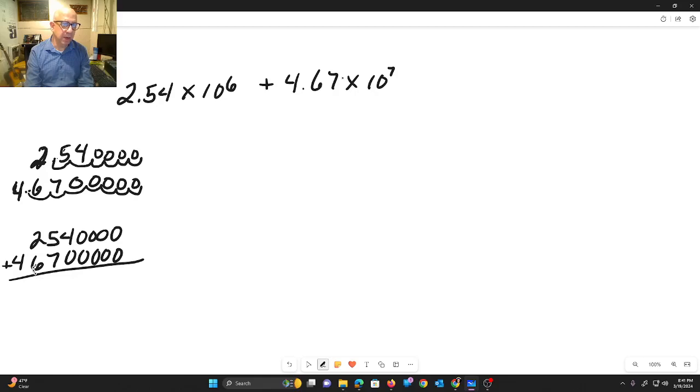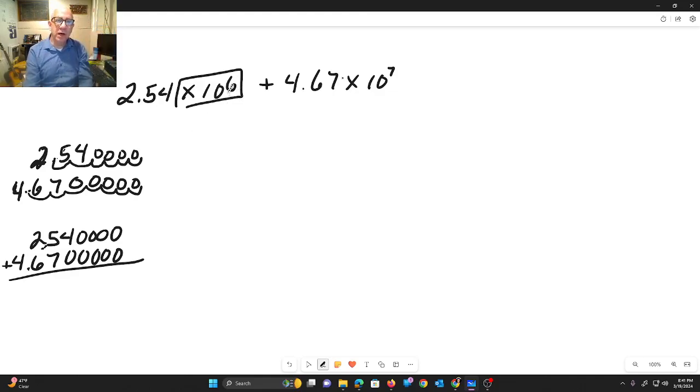When I expand them out, the original decimal was here and here. So I can't just add them straight down. If I expand them, I can add straight down. But with this, now I've got to change one of these exponents.